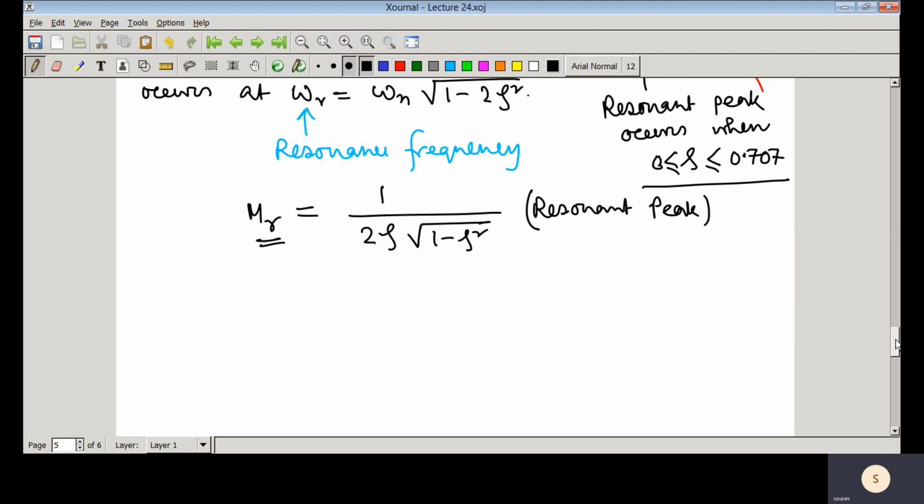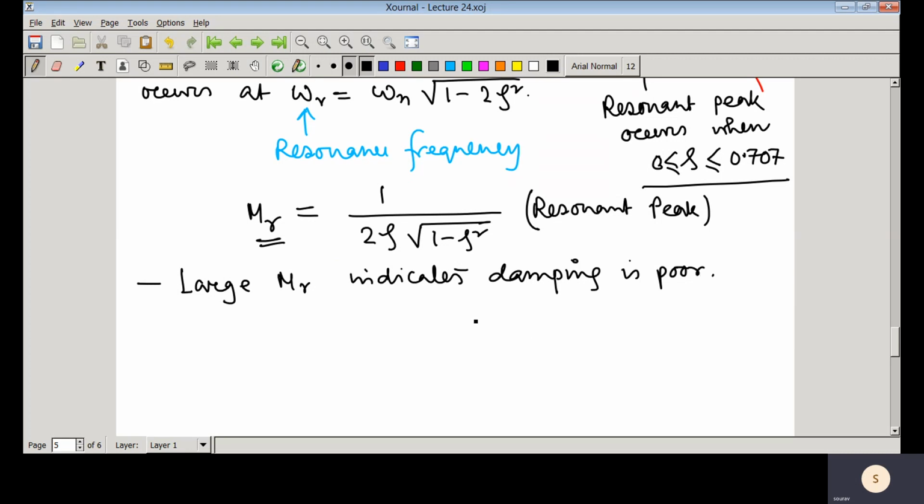Now this particular value MR also tells us that a large MR, that means whenever the peak is very high, indicates the damping is poor. That means the damping ratio is small. We have already seen it.